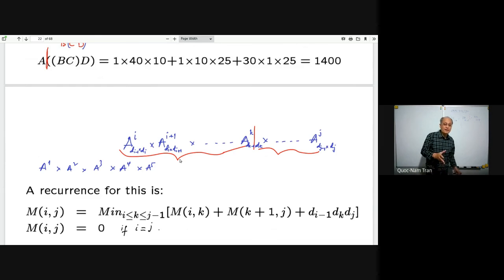We are looking for the best way, meaning the number of multiplications is smallest. What does it mean? It means that we will try to break the chain into two smaller parts.